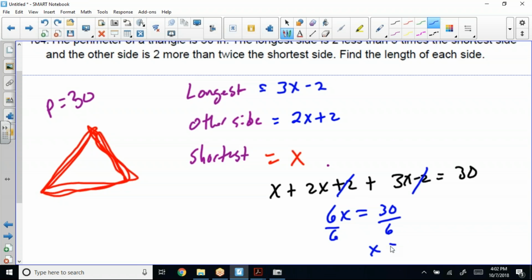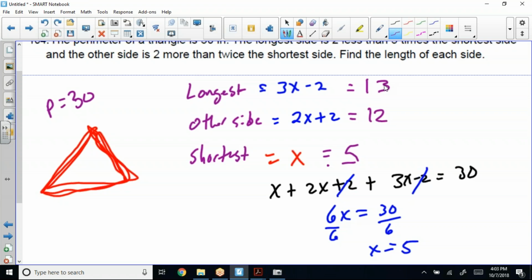So divide by 6, so x equals 5. So we have the shortest being 5, the other side being 12, and then this one is 13, because 5 times 3 is 15 minus 2. So 5, 12, 13.